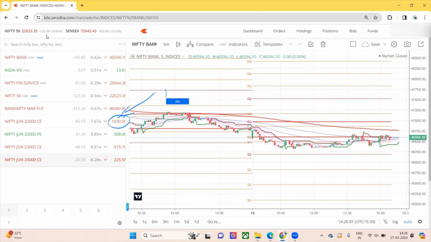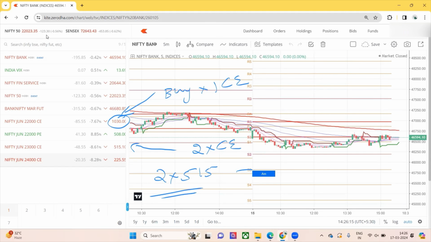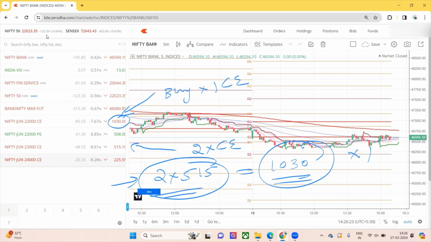So if I am buying one quantity of the CE, can I sell 2 quantity of this to finance it, right? So here I will be selling 2 times 515, which is equal to 1030. So that's what I mean by buying this one quantity, selling these two quantity. So you're financing it with the sell itself.